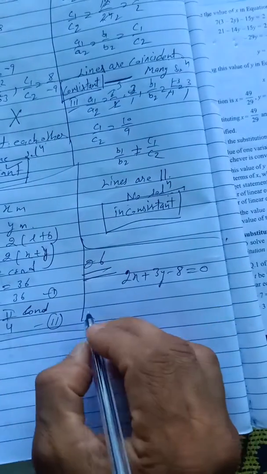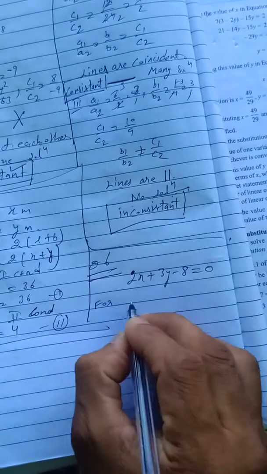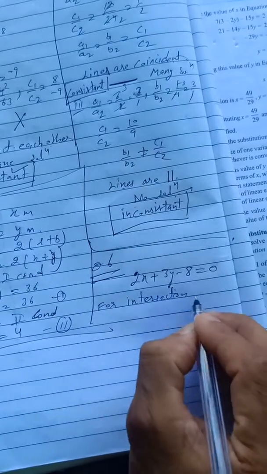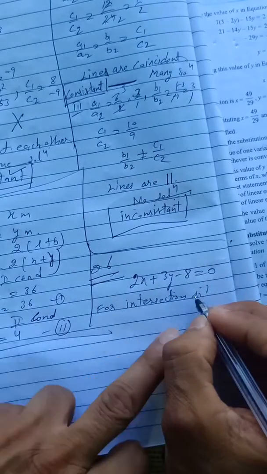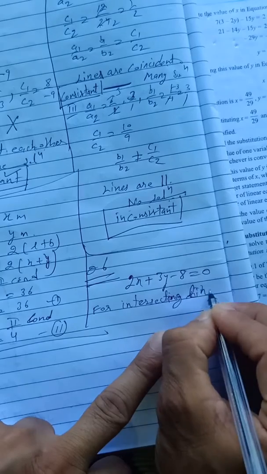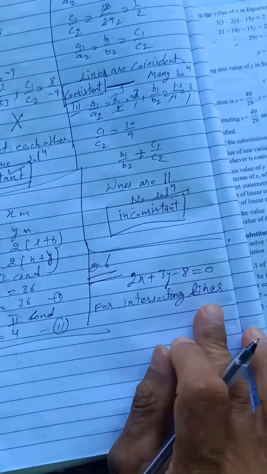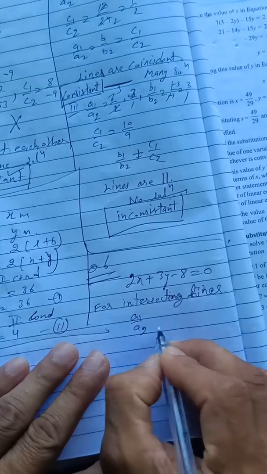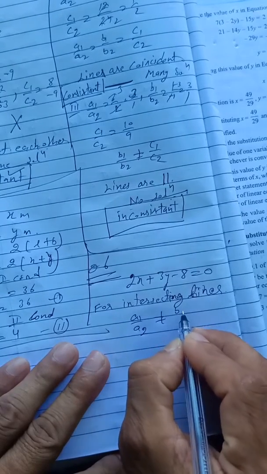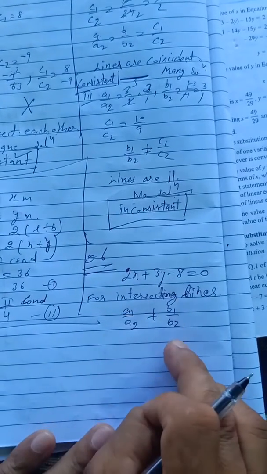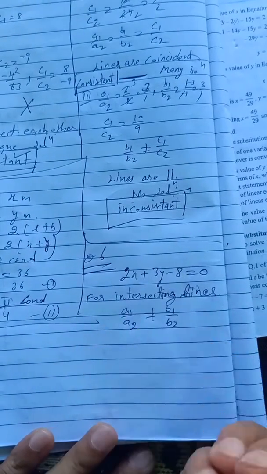For intersecting lines, what we know is a1 by a2 is not equal to b1 by b2. a1, b1, c1 is given.